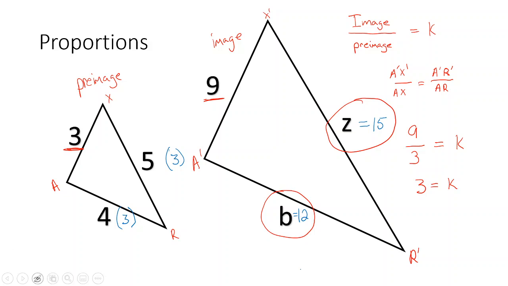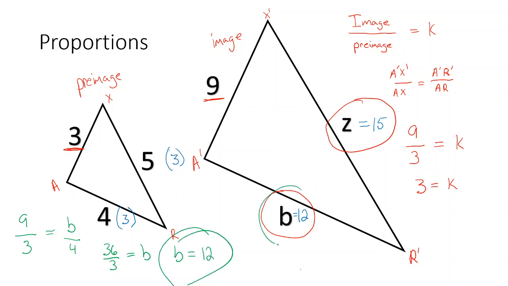Or we could look at this from a proportion standpoint. If A prime X prime is 9 and AX is 3, and A prime R prime is b, and AR is 4, and if we cross multiply, we'd have 4 times 9 is 36 over 3 equals b, and so b would equal 12.